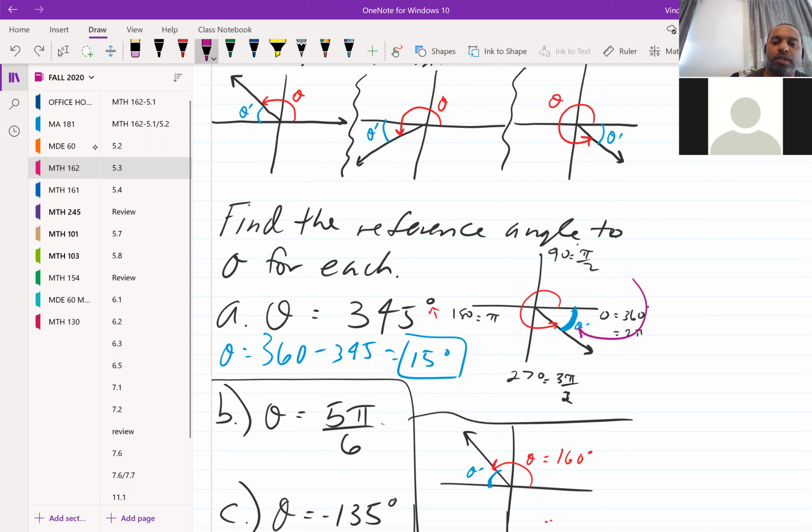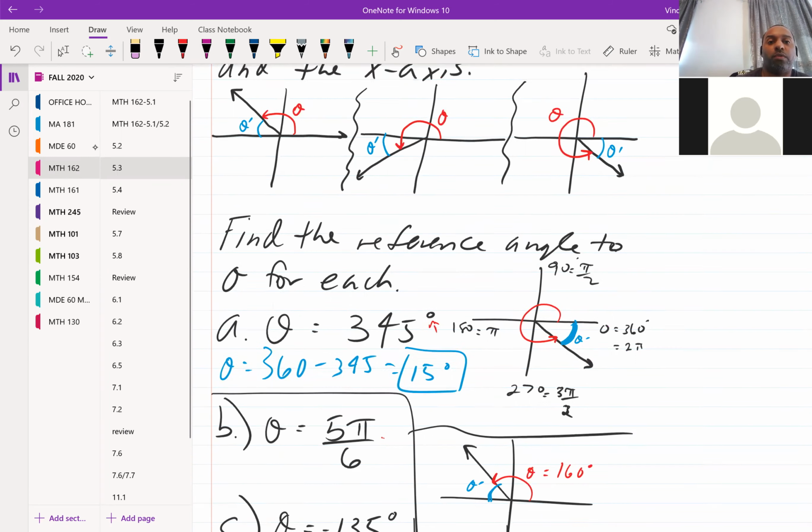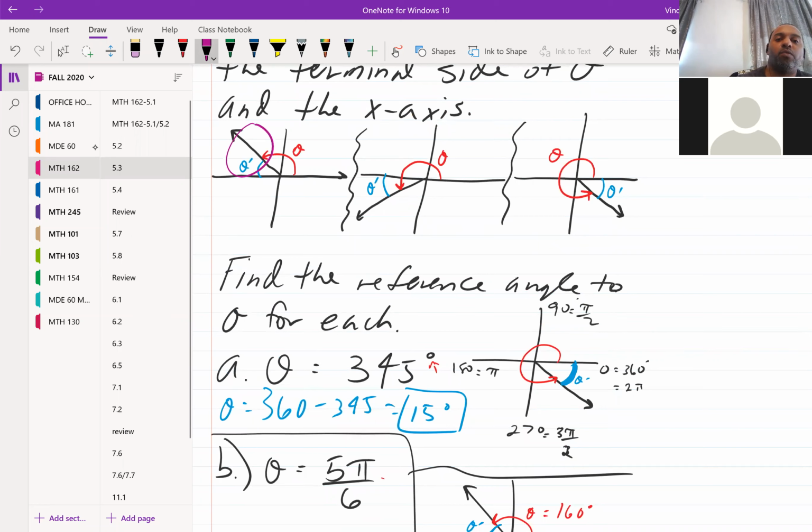So it's 15 degrees in this little spot between the terminal side and the right side of your horizontal axis. So it always depends on what quadrant your theta ends up in.